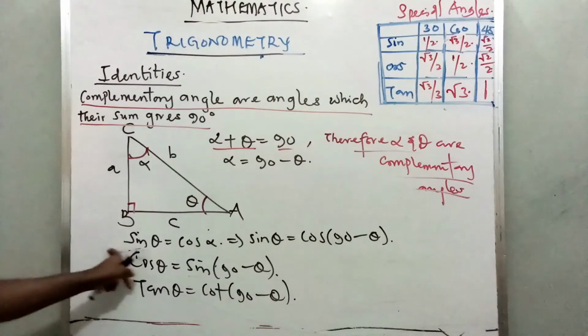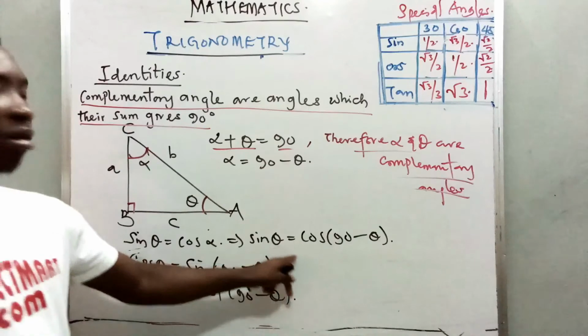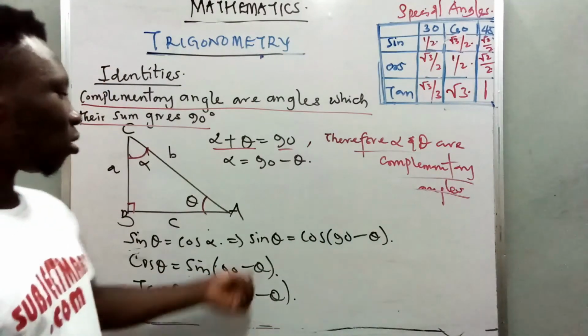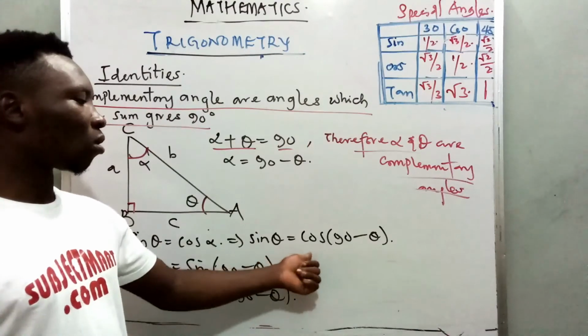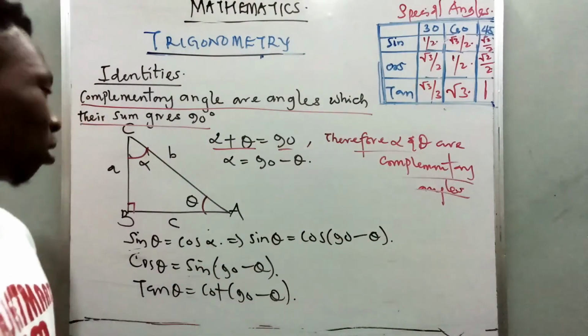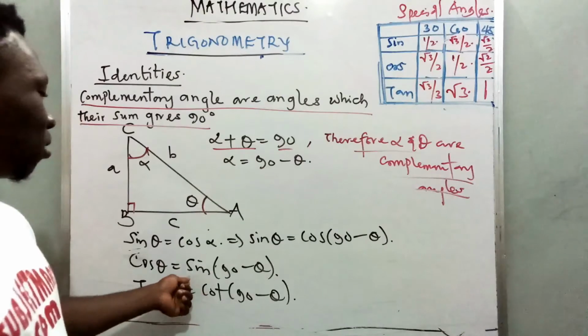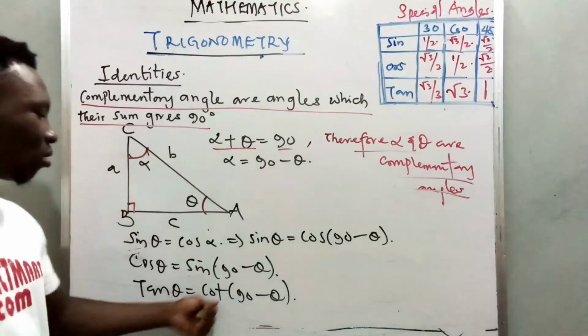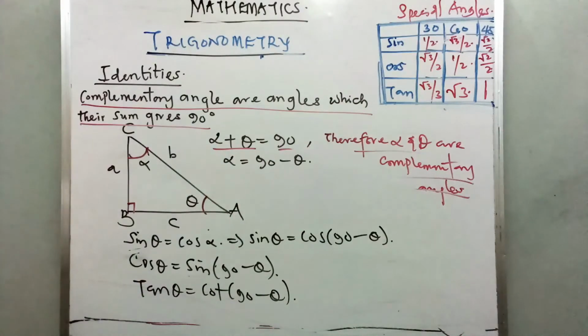So let's proceed. Now sine theta can be given in what? It's equivalent in cos. So sine theta is going to be equal to cos of 90 minus theta. Cos theta is going to be equal to sine of 90 minus theta, and tan theta is going to be equal to cot of 90 minus theta. So we're going to use this relation and more to solve.